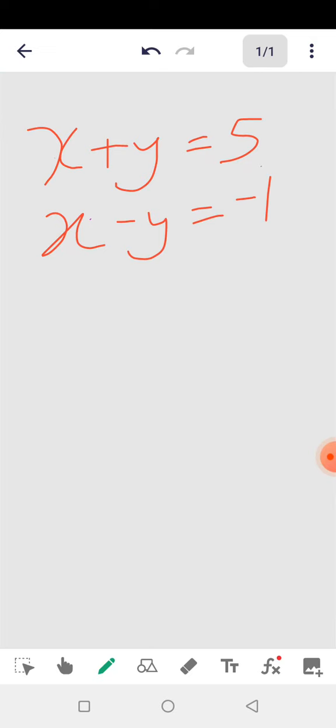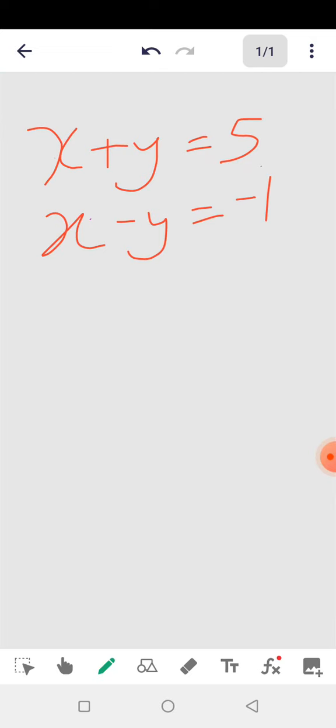I will be addressing the elimination method and the substitution method in this class. Please pay attention to the rules because I will not repeat myself, and you can pause the video to write the rules down, then follow me gradually as we try to make sense out of this topic, simultaneous equations.